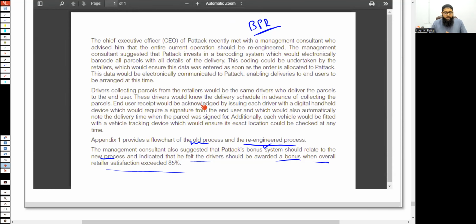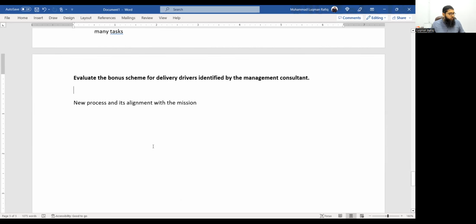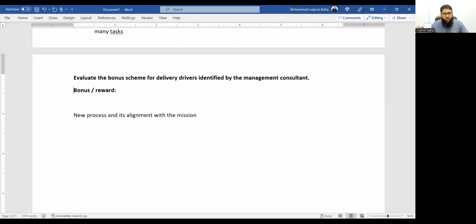Now, when the examiner says evaluate the bonus scheme, you have to list down what is going to happen. Whenever you have any bonus or reward scheme, because a bonus is a reward, just keep in mind the reward block of the building block model.